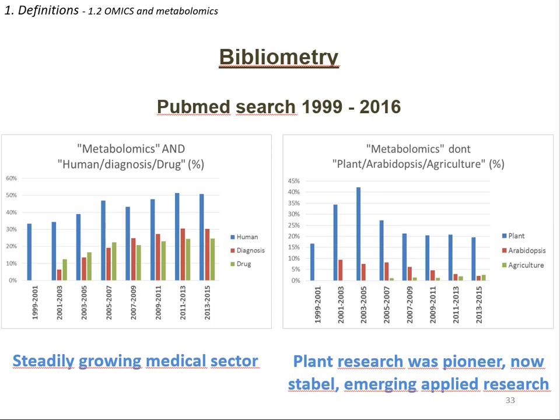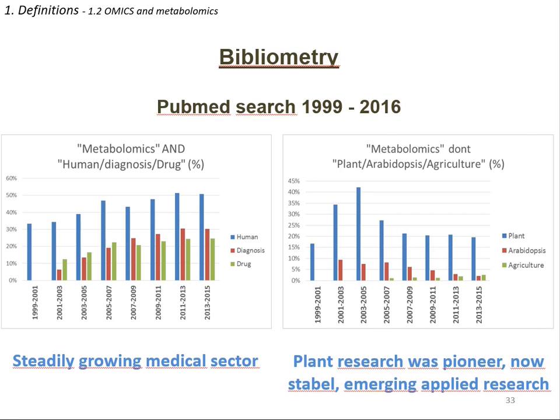And then in plant biology, we can check for plant, Arabidopsis, and agriculture combined with metabolomics. Plant research was a pioneer field of metabolomics because plants are very rich in metabolites of interest. But then many other fields of research came up, and now plants represent 20% of the total number of occurrences in metabolomics.